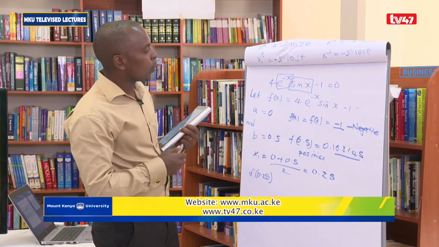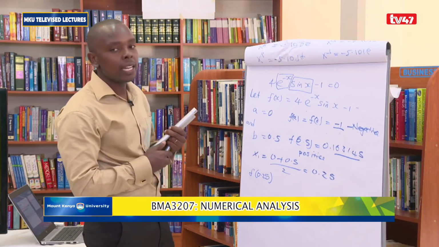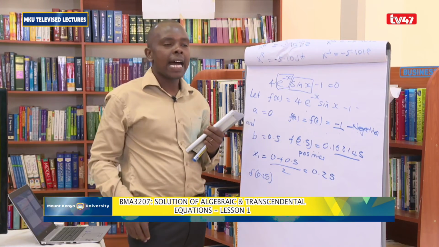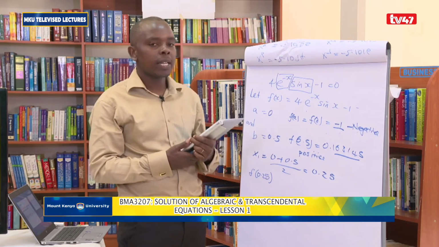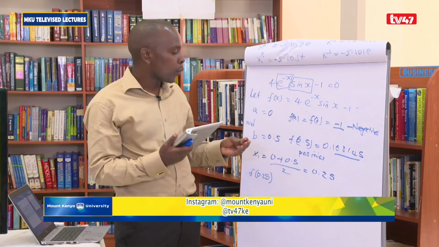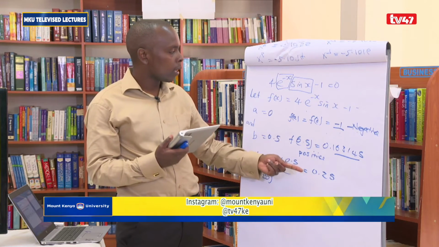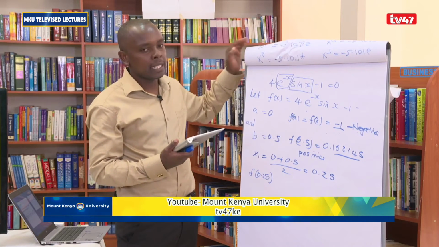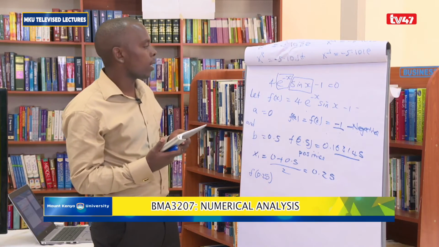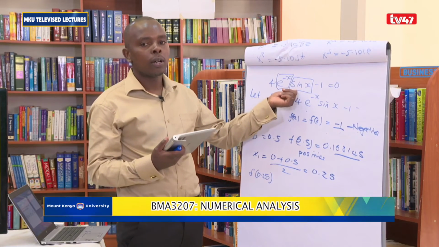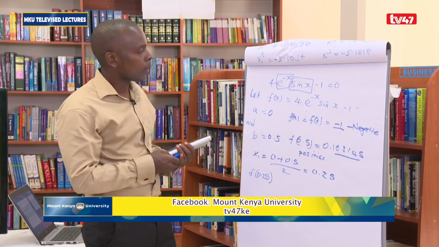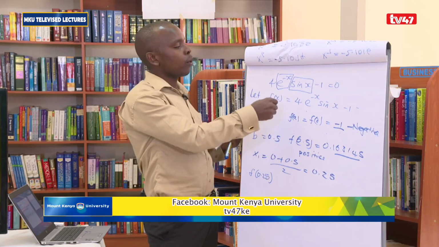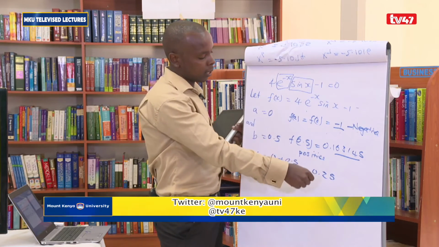Something that I would like you to note here. We are dealing with a transcendental equation that has a trigonometric ratio. The standard way in which runners find the trigonometric ratio is through degrees, but I would like you to work with radians.